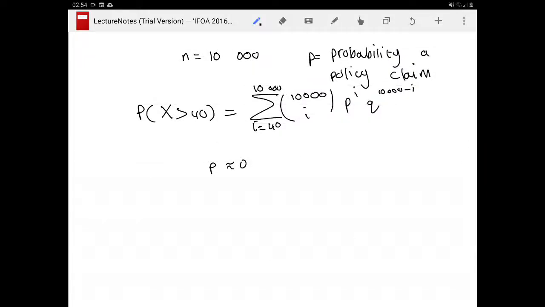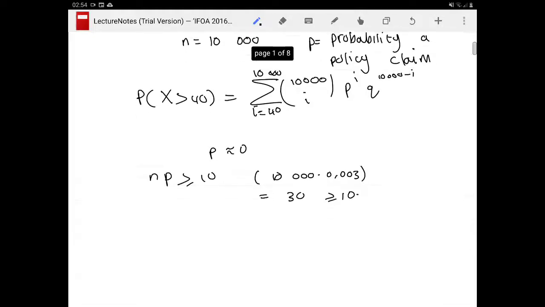We would check that by doing np greater than or equal to 10: taking 10,000 multiplied by 0.03 is equal to 30, and that is greater than 10. So the most basic rule of thumb says we can actually use this approximation.